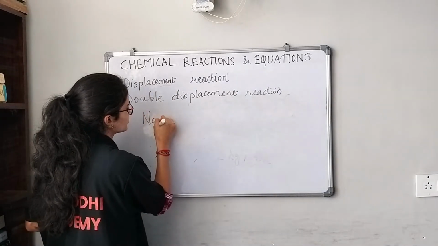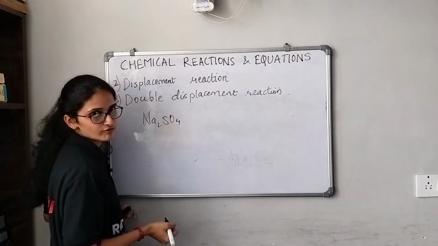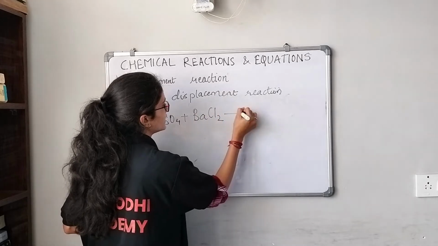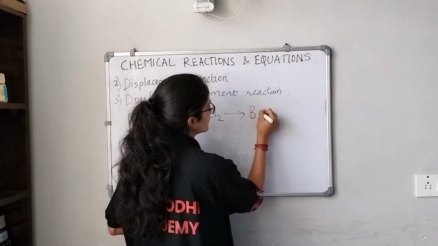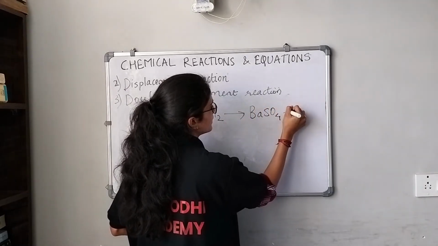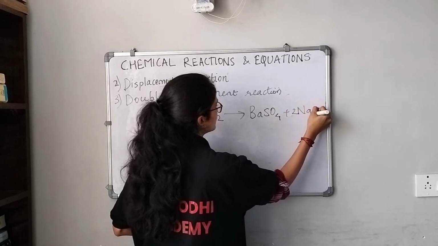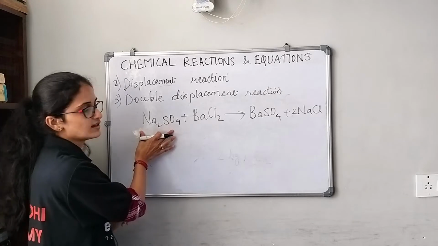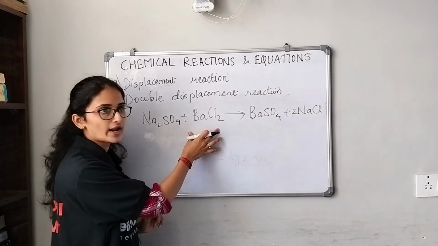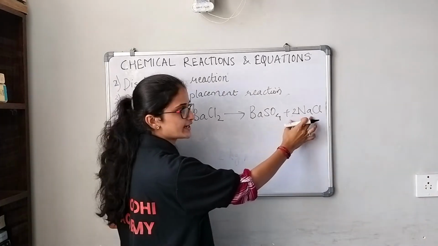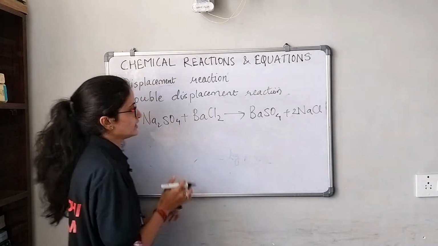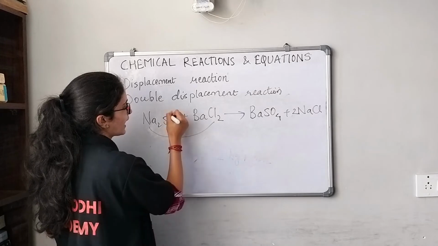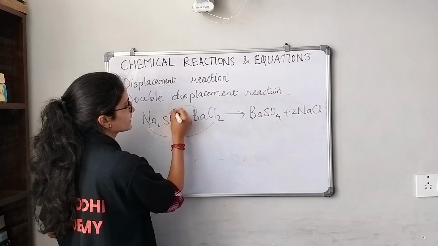Na2SO4, which is sodium sulfate, plus barium chloride BaCl2, will give you barium sulfate BaSO4 plus 2NaCl. So sodium sulfate, when combining with barium chloride, gives barium sulfate and sodium chloride. Sodium is combining with chlorine, and sulfate and barium are combining.